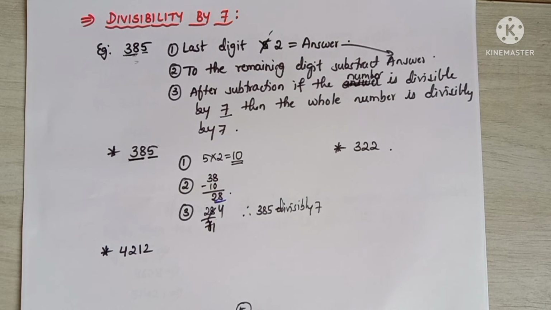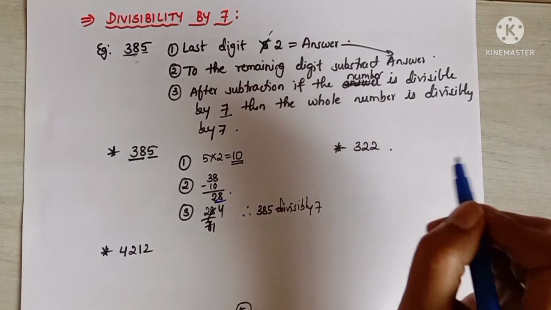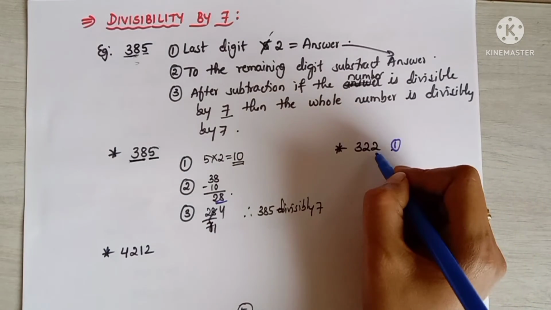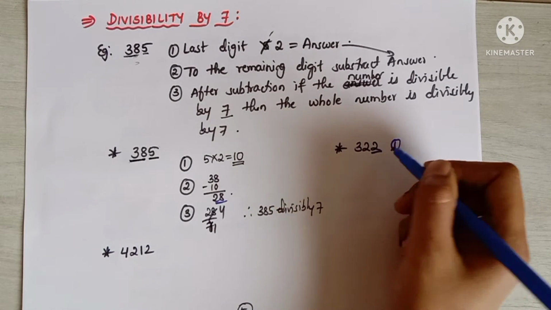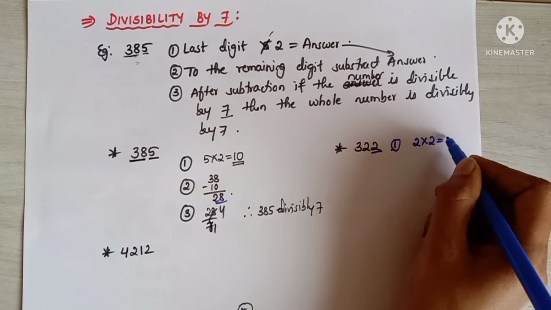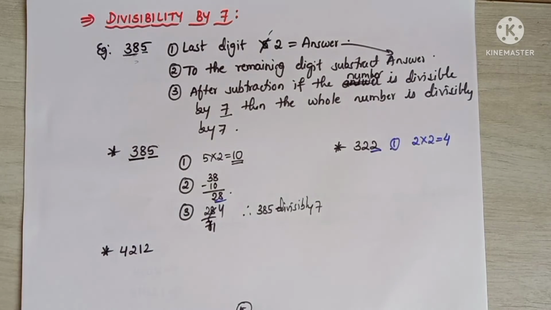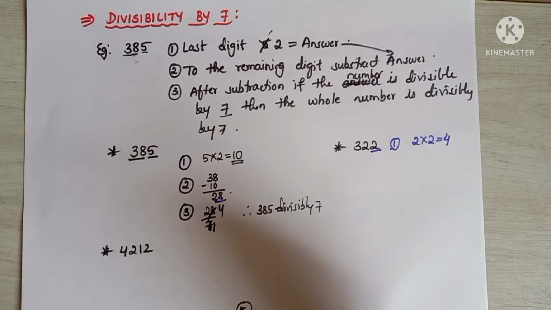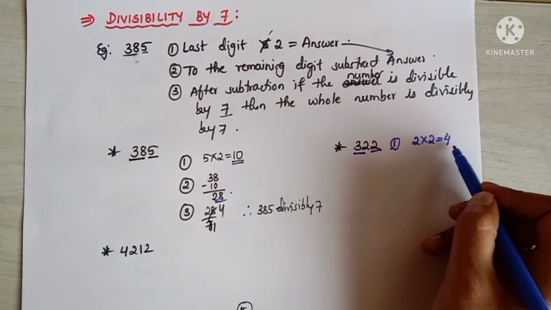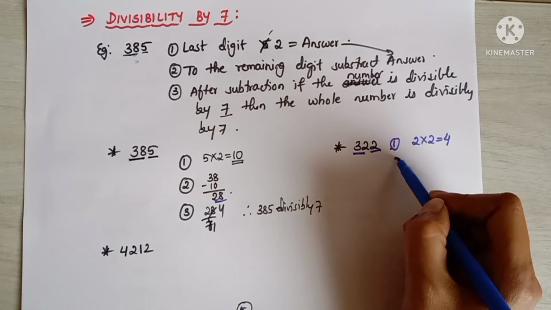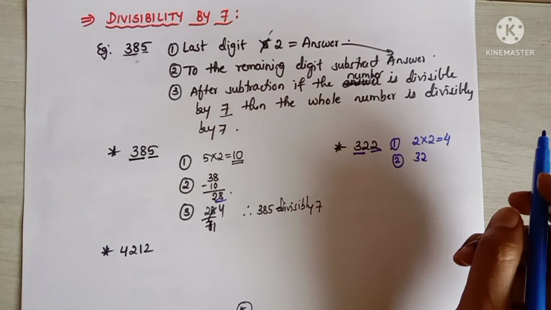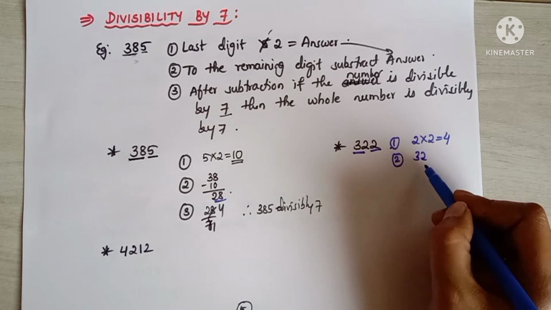Let us take another example. Here we have 322. What is the first step? We have to multiply the last digit by 2. Here the last digit is 2. We multiply by 2. The answer will be 4. After multiplying the last digit by 2, we have to subtract the answer from the remaining digits, that is, we have to subtract 4 from 32.